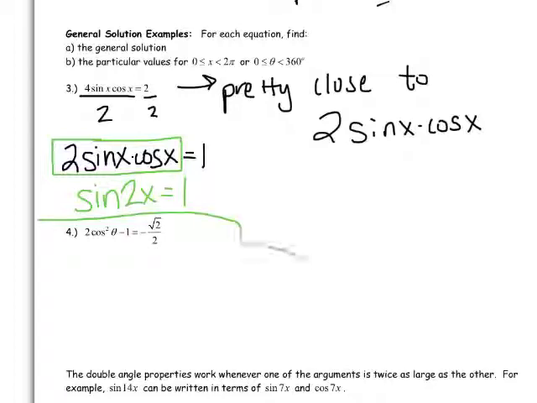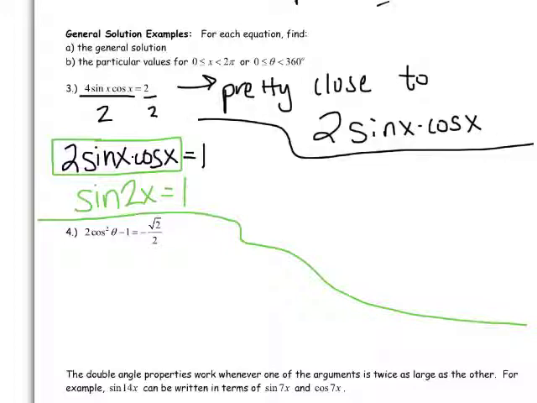All right, so our general solutions. If I take inverse sine of both sides, then I get 2x equals inverse sine of 1. So what this is saying is, where's your ratio of sine 1? Well, sine is opposite over hypotenuse, so that's not going to be a real triangle.